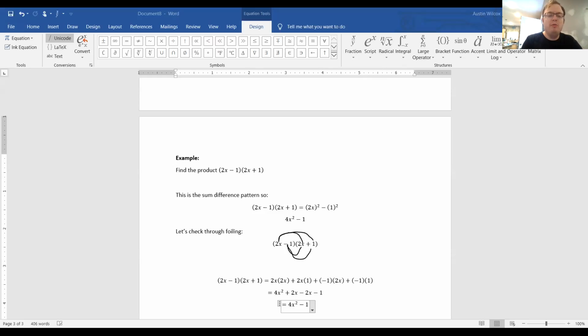So far, what we've been doing is working with quadratics, and that is any function in the form ax squared plus bx plus c.